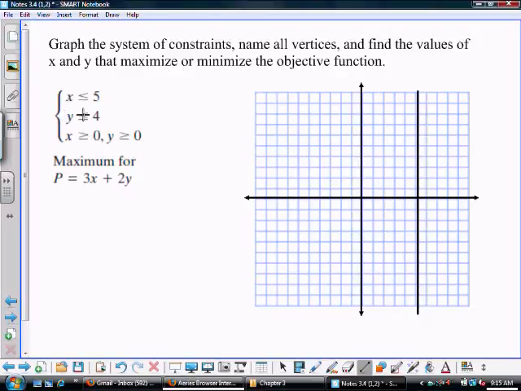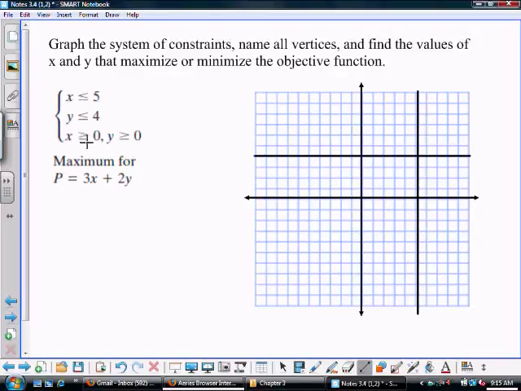Y less than or equal to 4 is a horizontal line at 4. 1, 2, 3, 4. Let's see if I can do a little better on this. I did. And when I think less than or equal to 5, I'm thinking to the left of the 5. When I'm thinking less than or equal to 4, I'm thinking below the line y equals 4.